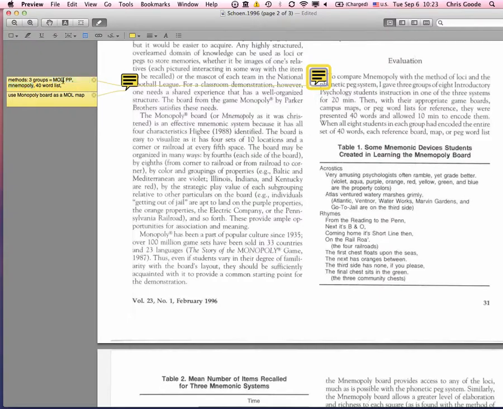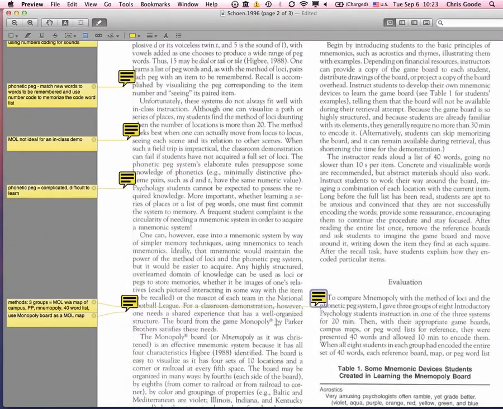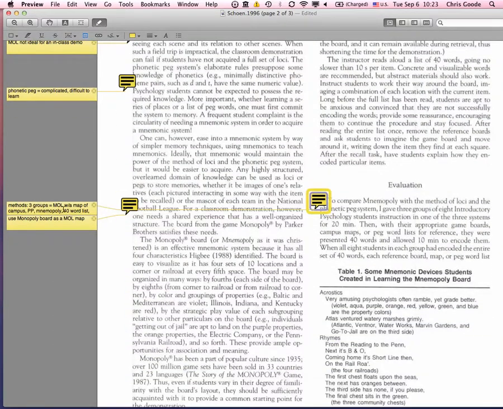Yeah, so it looks like one of the groups is using the method of loci with a map of campus, because this dude is at Lake Forest College. He's on a campus, right? The Monopoly group gets game boards, and the Phonetic Peg System group gets a code word list in addition to their 40 words.